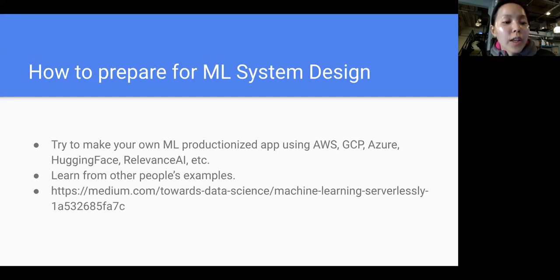Another thing is you can learn from other people's examples. I recommend my Medium post that I wrote about machine learning serverless. There are different system designs that you can have, and these are how you can prepare for ML system design questions.